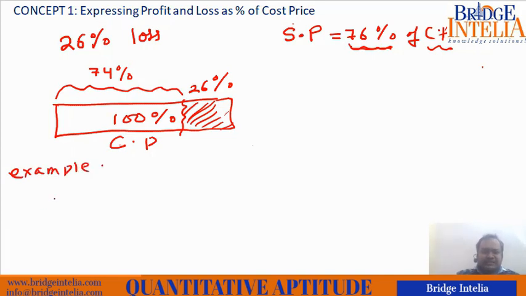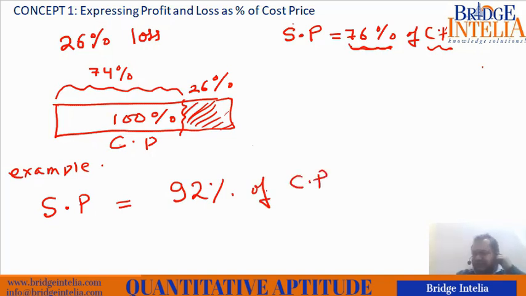If I say to you that selling price is equal to, let's say, 92% of cost price, then what do you make of this information? Is it a case of profit or is it a case of loss? See, selling price is not even 100% of cost price.